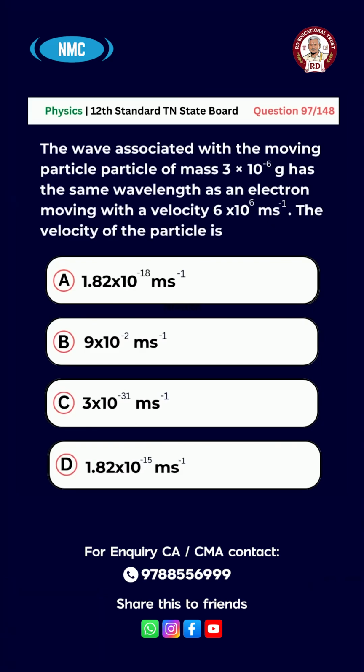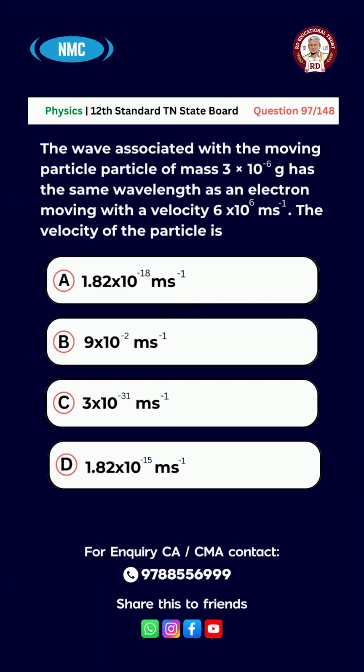Question number 97. The wavelength associated with the moving particle of mass 3 into 10 power minus 6 gram has the same wavelength as an electron moving with a velocity 6 into 10 power 6 ms power minus 1.